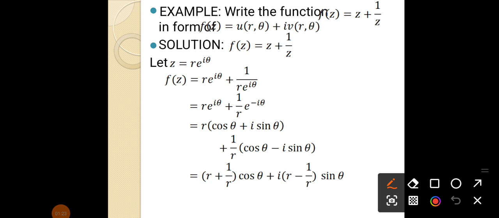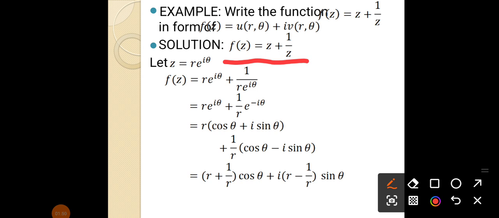The first step is we write f of z is equal to z plus 1 upon z, which is given in the question. Then we consider z is equal to r into e raised to i theta, which is the exponential form of a complex number.